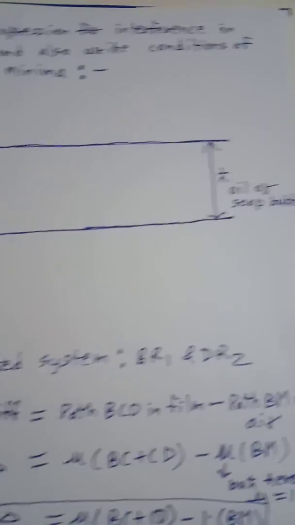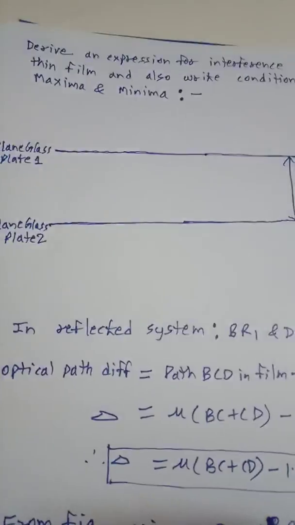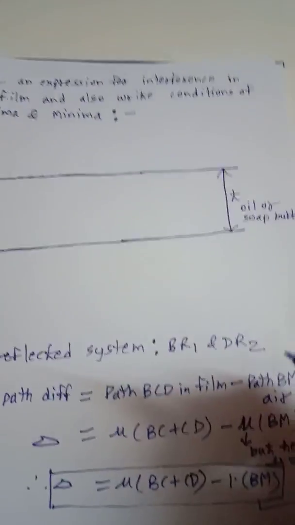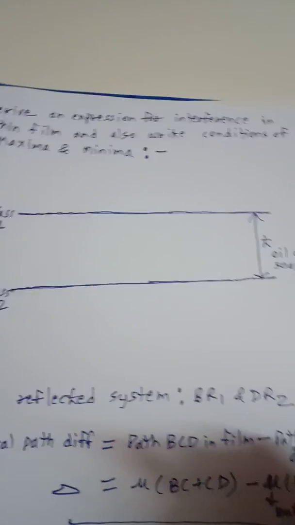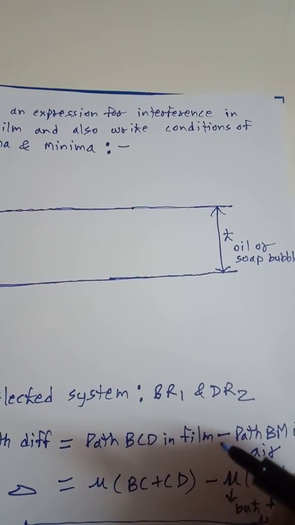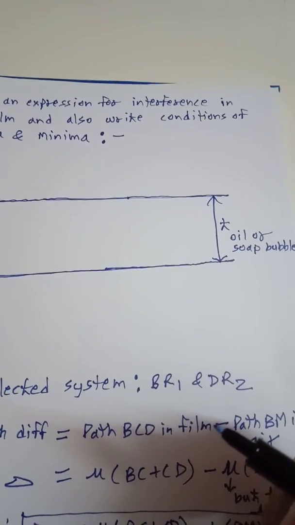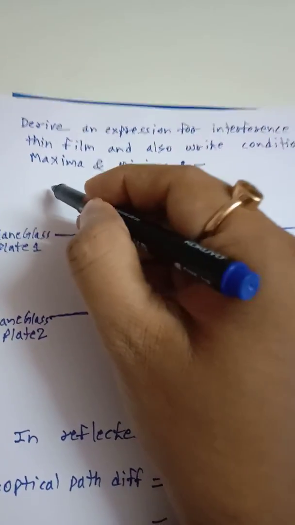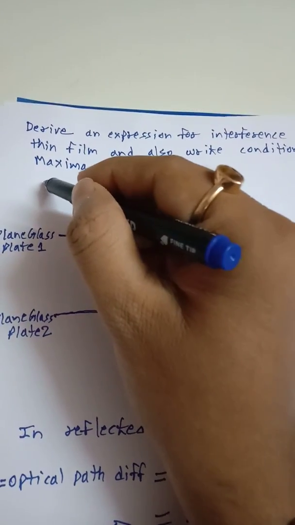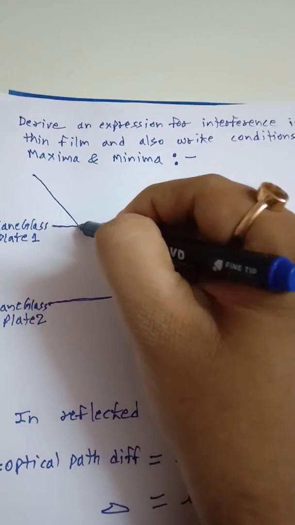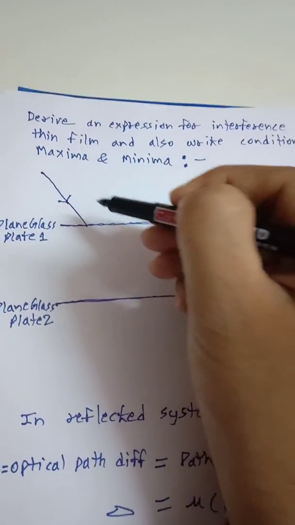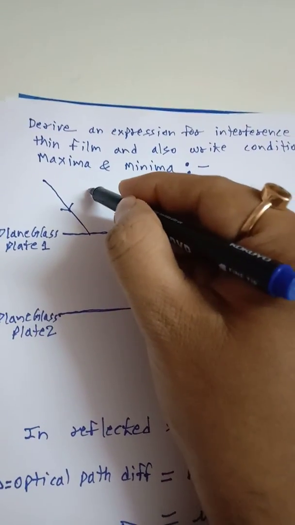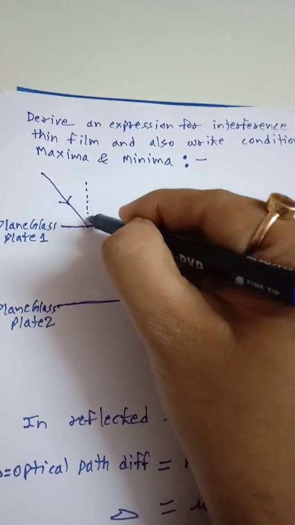Okay. So now what will happen if the light is incident on these two glass plates, where inside there is oil or soap bubble, a denser medium. So whenever the ray is first incident here, the incident ray, then we draw normals to this.